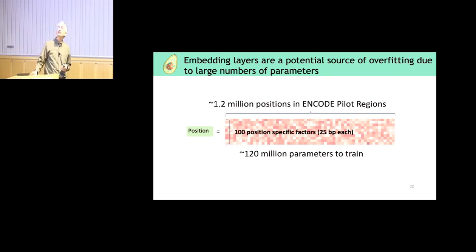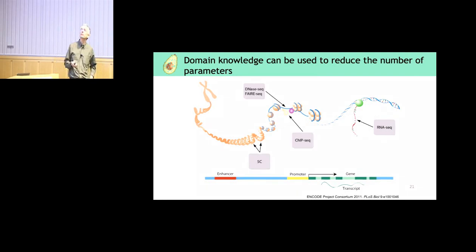So the idea is, could we address the independence problem that I alluded to earlier while also reducing our parameter space? And the idea is, well, we know that different kinds of phenomena happen at different scales. If you're looking for a particular transcription factor, maybe that does bind at the 25 base pair resolution or something close to that.